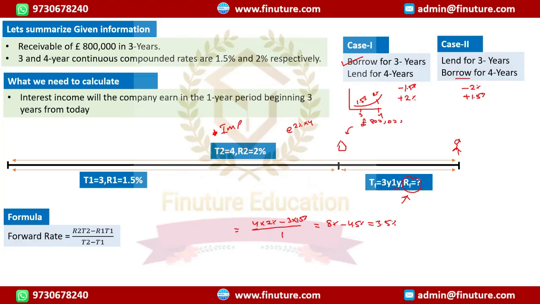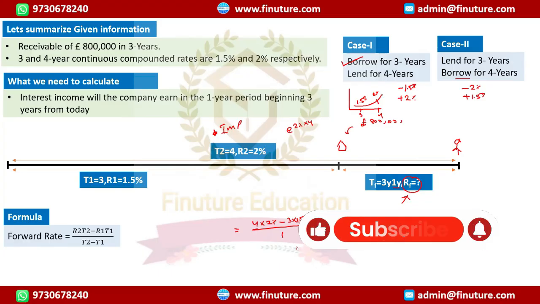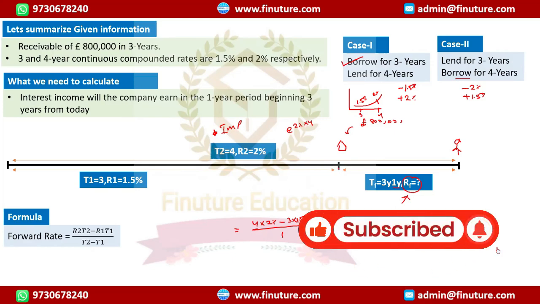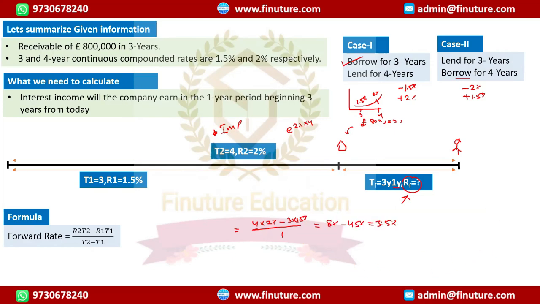Now we got it that if we invest 800,000 at this 3.5%, our interest earning for this year would be straightforward: 3.5% for the next 1 year.